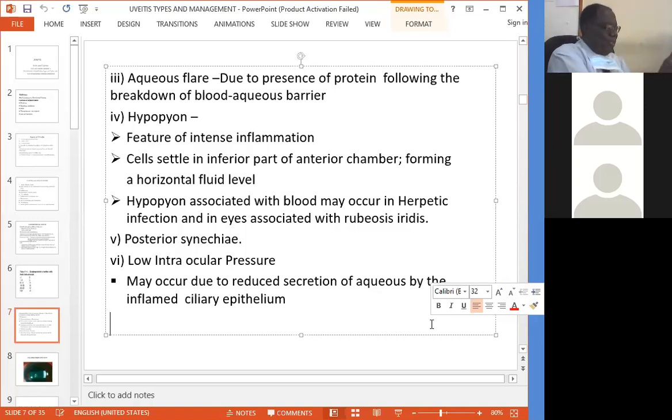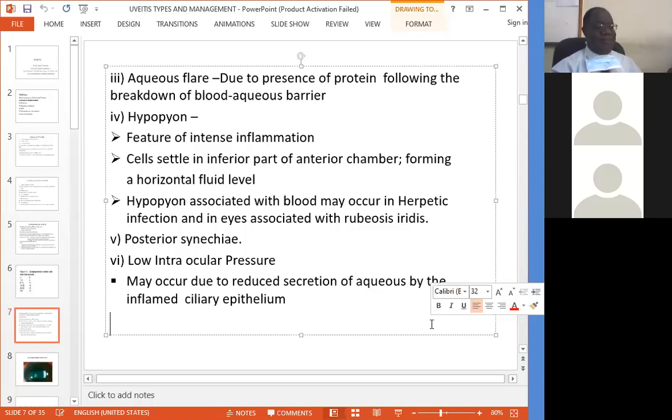So the pupil is in the center and it moves. Once it gets stuck posteriorly where there is a lens, that's posterior synechiae. If it gets stuck anteriorly onto the posterior surface of the cornea, that's anterior synechiae. So any inflammation can lead to synechiae, either anterior or posterior.